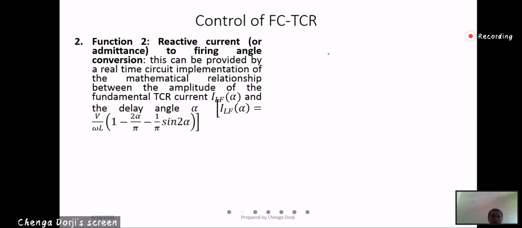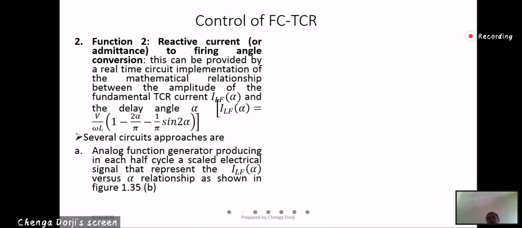The second function is the reactive current for the firing angle conversion. So you require that reactive current ILF for firing angle conversion. There are several approaches to convert that reactive current. The first is an analog function generator.